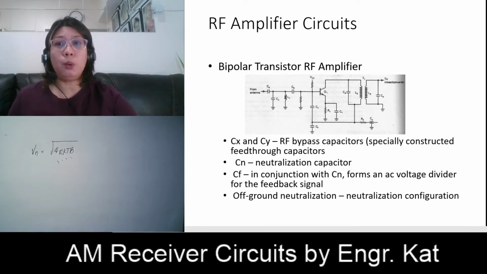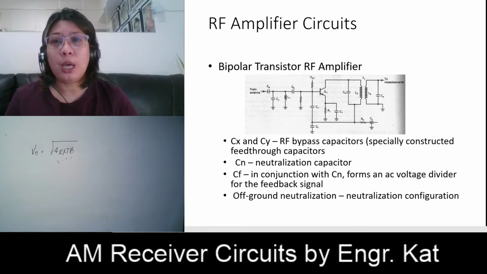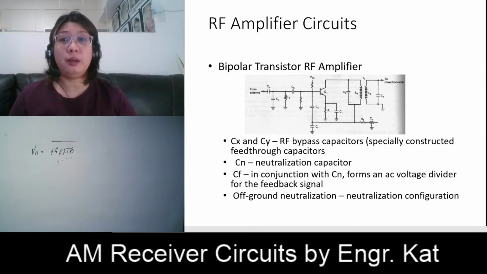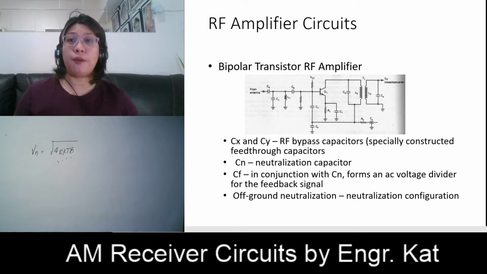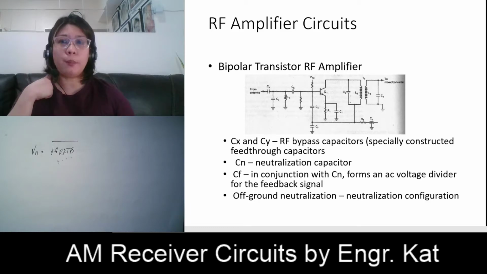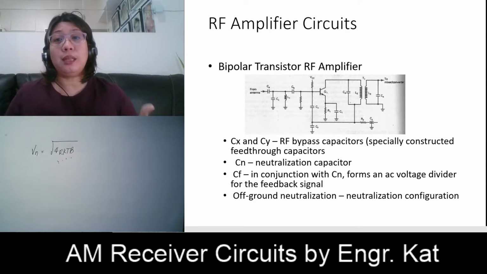When we are talking about amplifiers, they usually have the same designs. We will just be changing some of the values because we are changing the cutoff frequencies for each amplifier. Take for example an RF amplifier: we design this circuit so that it functions within a specific range of frequency.